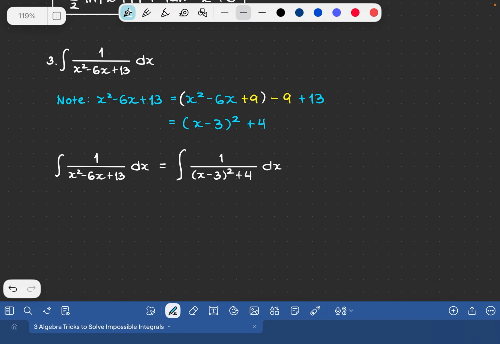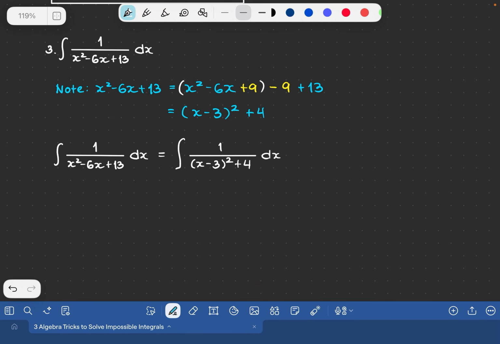Then observe, we can now apply U-substitution. Okay, so I'm out of colors, let me use red. If we let u equal x minus 3, then du is simply just dx.